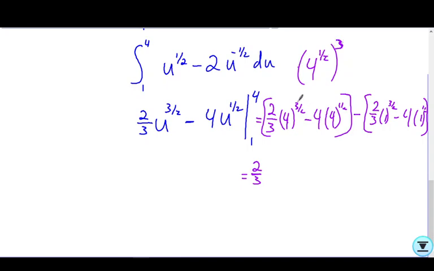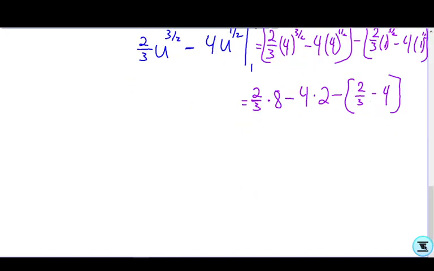So 1/2 times 3 is 3/2. So I'm going to take the square root of 4 first, which gives me 2, and then cube it, which gives me 8, minus 4 times the square root of 4, which is 2, minus, and here 1 to any power is still 1, so this is going to be 2/3 minus 4.